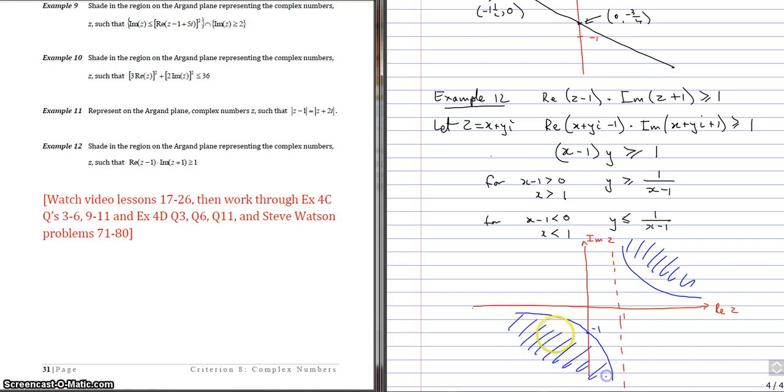Okay, so we've shaded, and we have a solid line because of the equals sign. So that's really important to consider. When you're dividing or multiplying, you need to consider, is it positive or negative, which will affect the direction of your inequality sign. So hopefully that's nice and clear, and then we can go on.